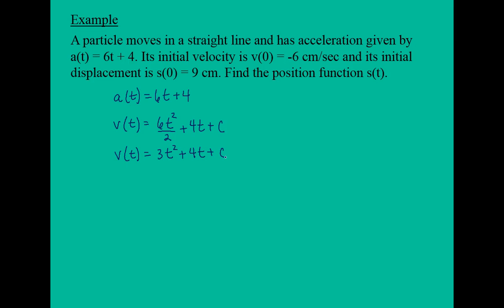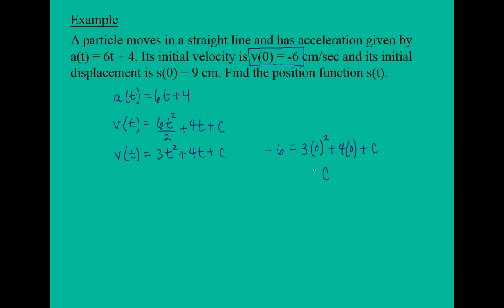We should be able to solve for c, since we were given an initial condition v of 0 equals -6. So that means when t equals 0, v of t equals -6. So we would have -6 equals 3 times 0 squared plus 4 times 0 plus c.